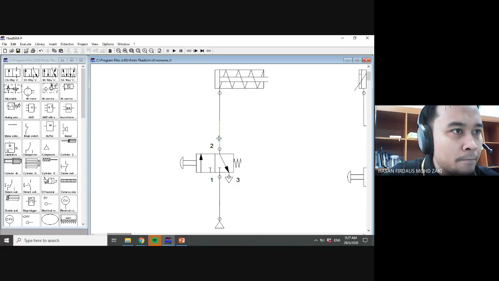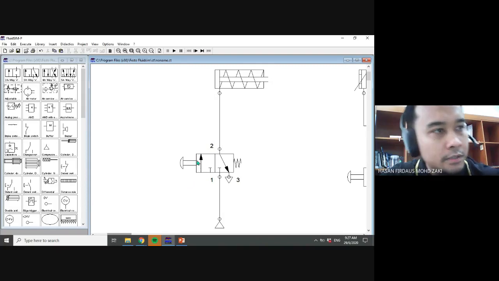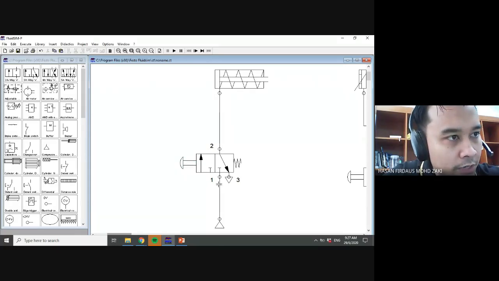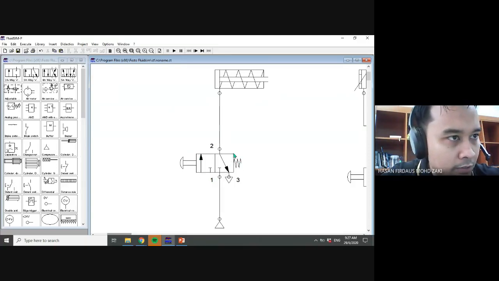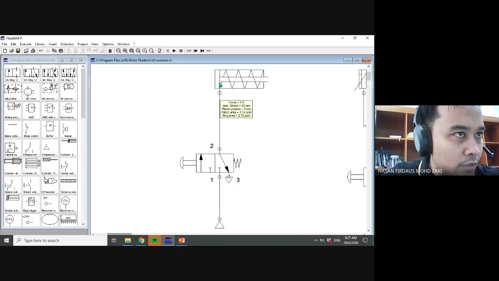If you release the push button, the spring will return this valve to the initial position. Now it will directly retract, going to atmosphere.